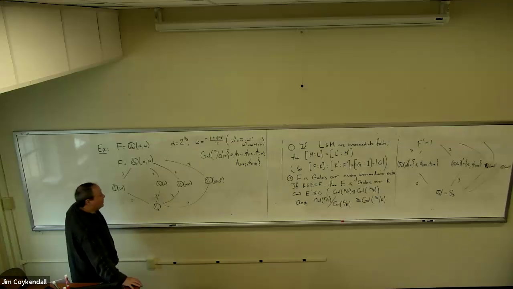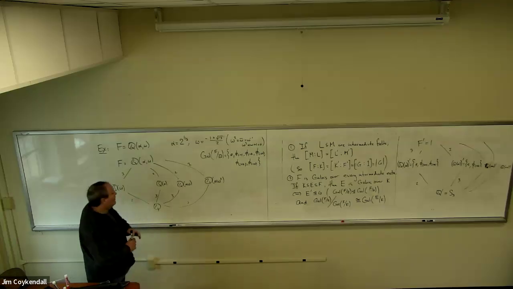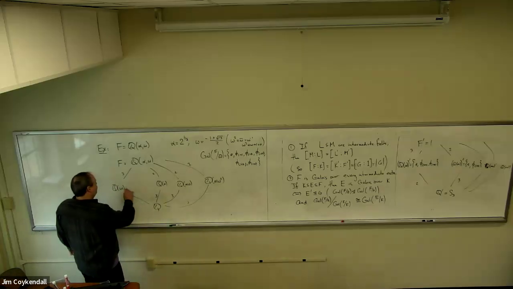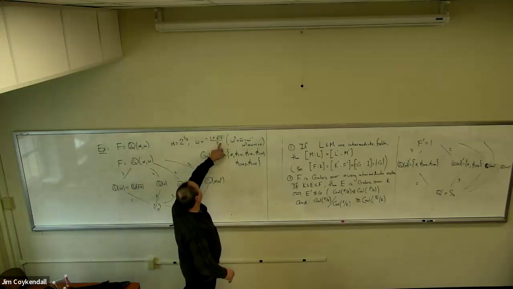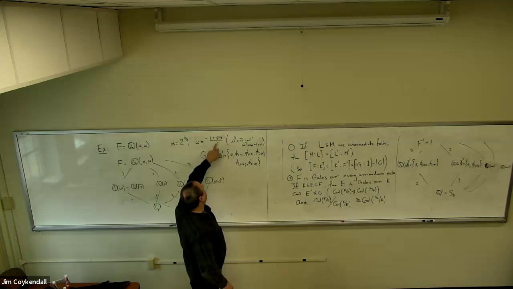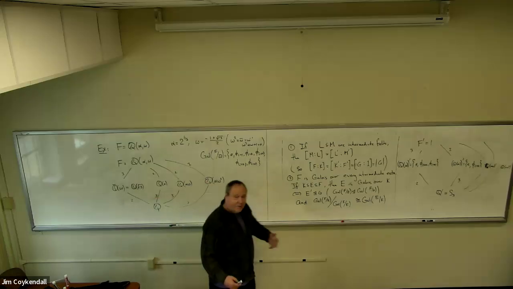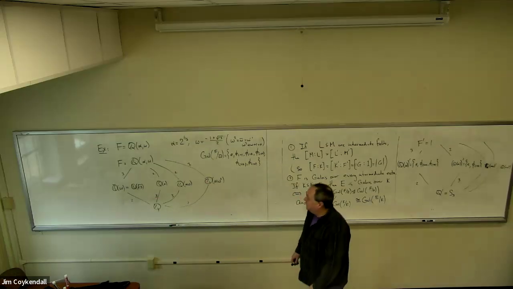And last time in class, we looked pretty extensively at this. In fact, this field is actually equal to Q adjoining the square root of -3, right? And it's basically because of this here. If you contain omega, multiply this by 2 and add 1, and you've got the square root of -3. And if you've got the square root of -3, you've got omega.